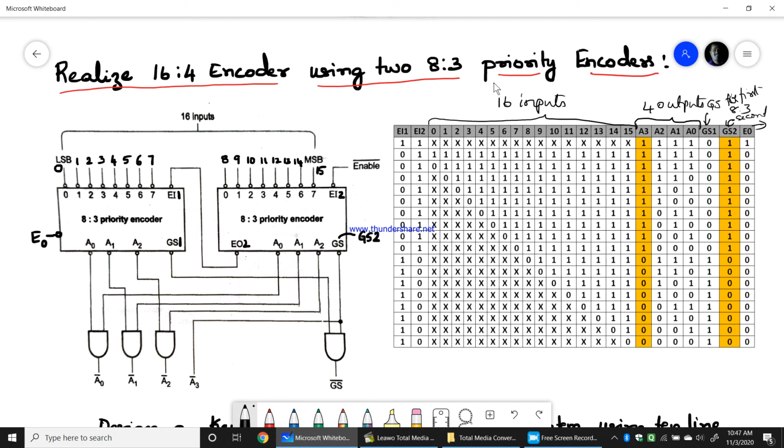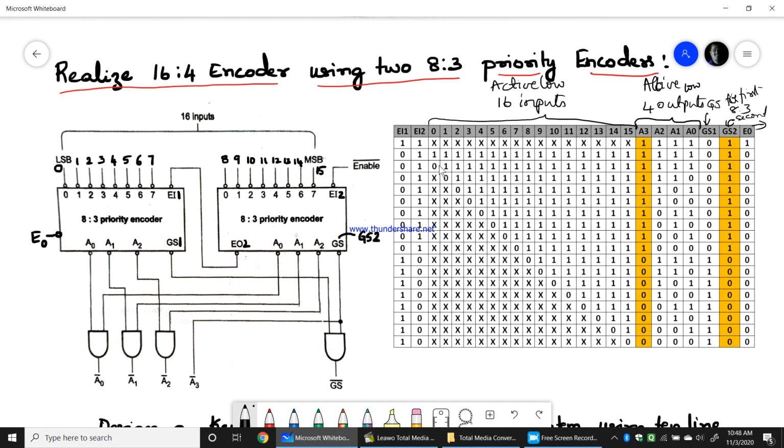Anyway, these are both active low inputs and active low outputs. So when both enable pins are disabled, irrespective of the value of the input lines, the output remains as 0. Active low will show all ones for 0.